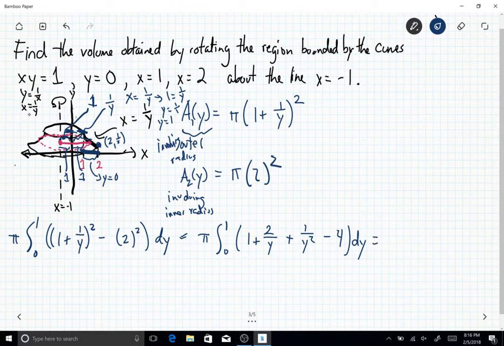Another way for us to write this that might be a little bit simpler for a lot of folks is the integral from 0 to 1. You get negative 3, and then plus 2y to the negative 1, plus y to the negative 2.